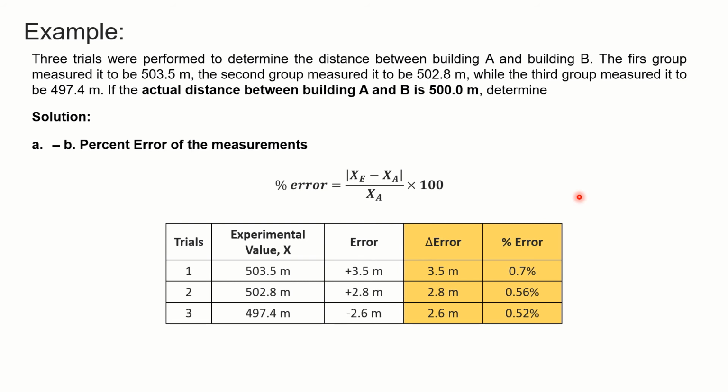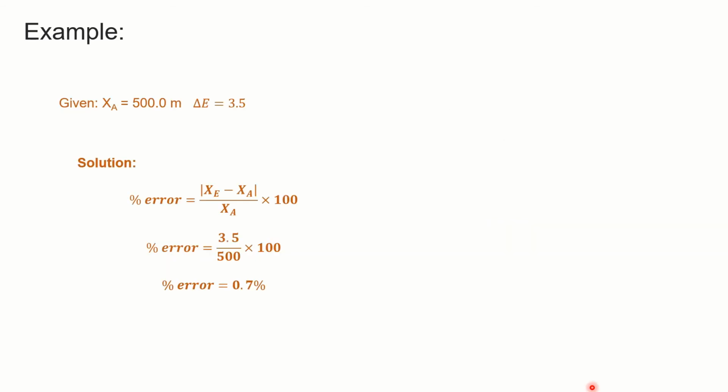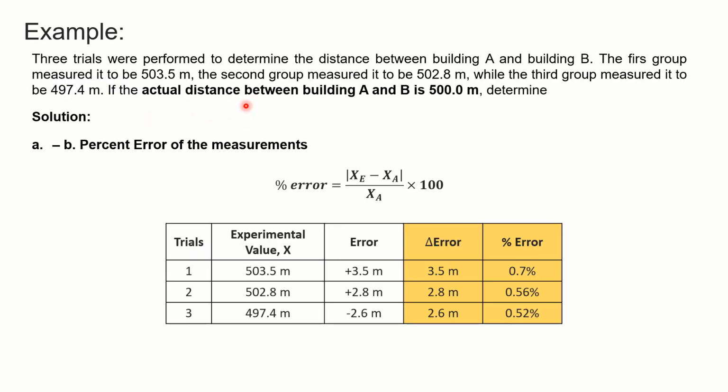So let us change the value of our accepted value. So here in our next slide, we have here the accepted value. So this accepted value is the same as the previous, which is 500, and then the absolute error, we use the absolute error for trial 1, so 3.5.